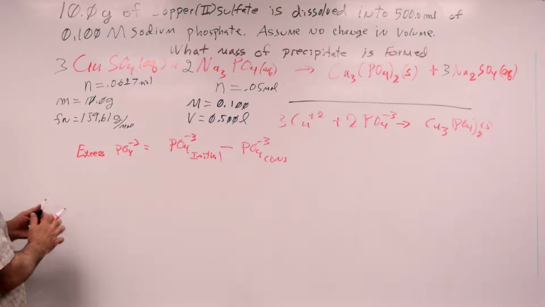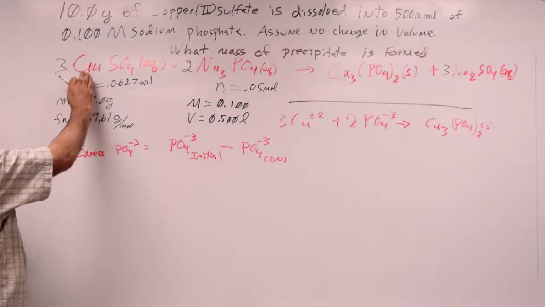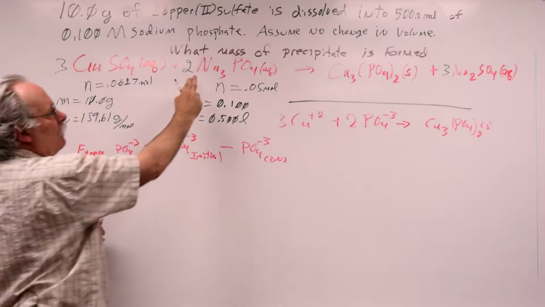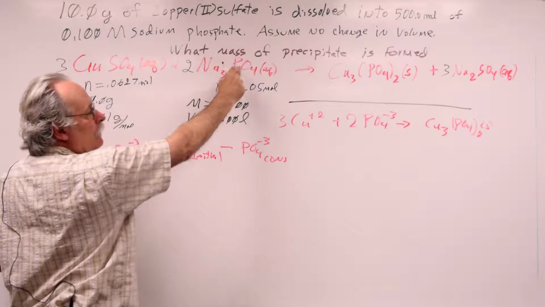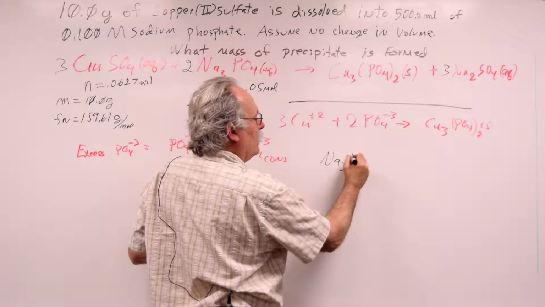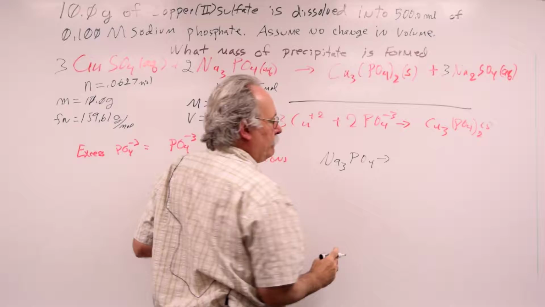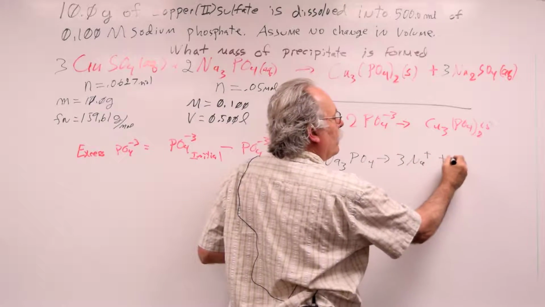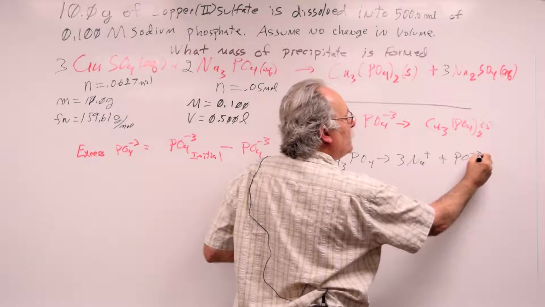So the next thing we need to notice is that for every mole of copper sulfate, there's only 1 mole of sulfate. For every mole of sodium phosphate, there's only 1 mole of phosphate. That is, Na3PO4 breaks up into 4 ions, 3Na+ and PO4-3.